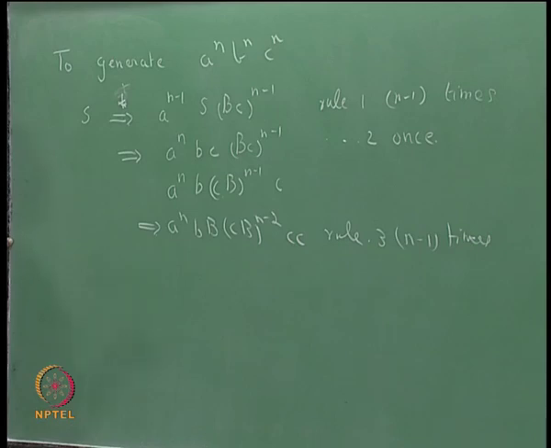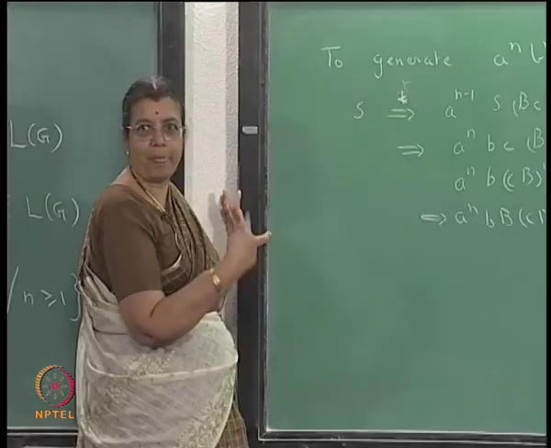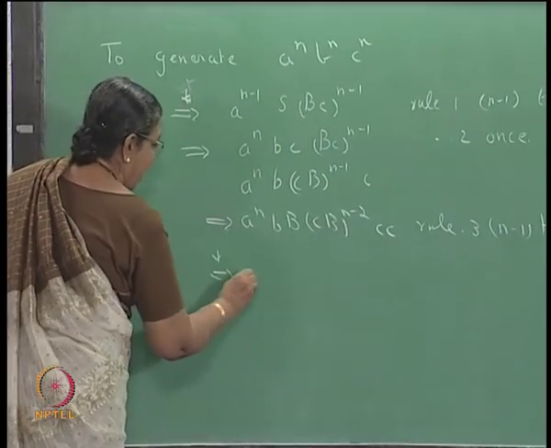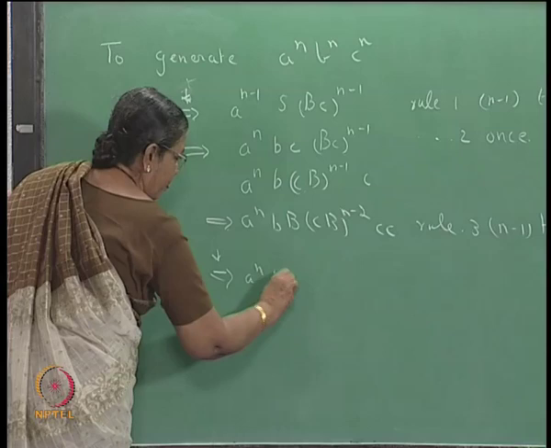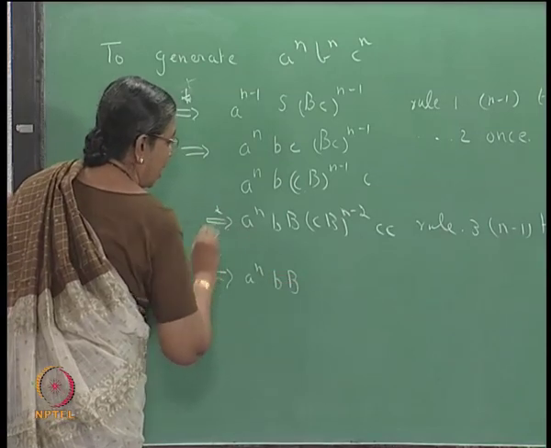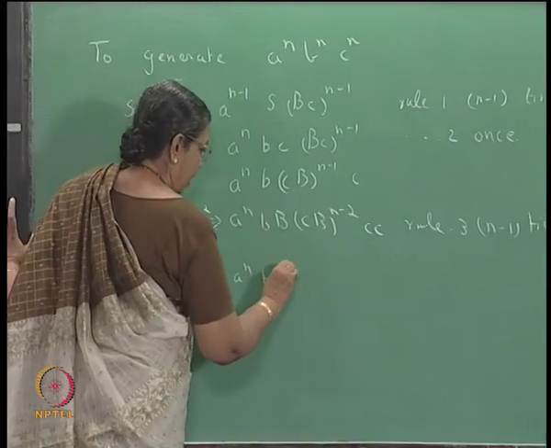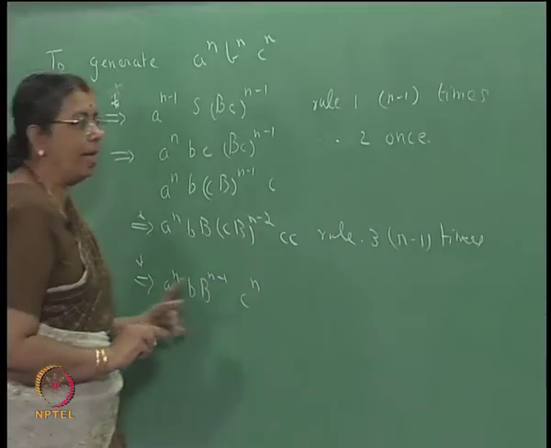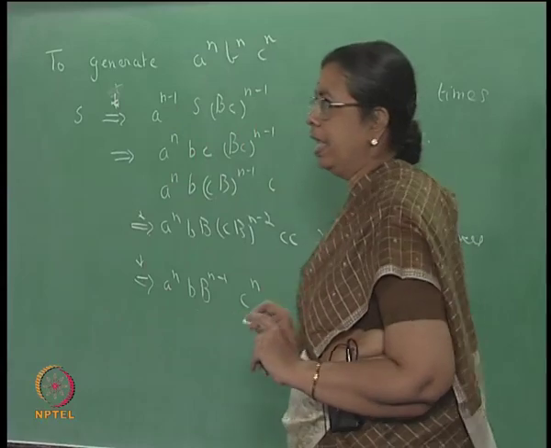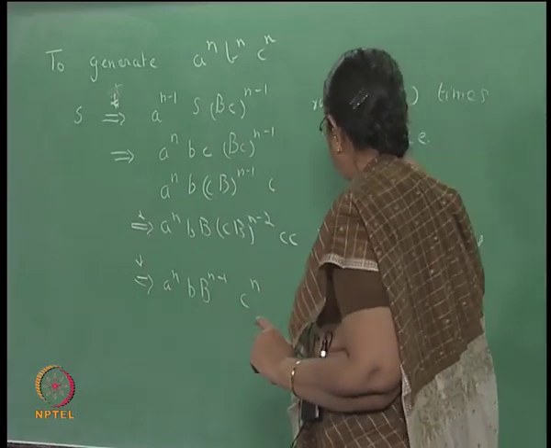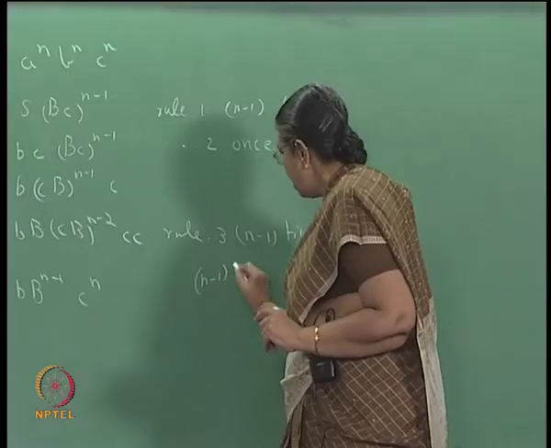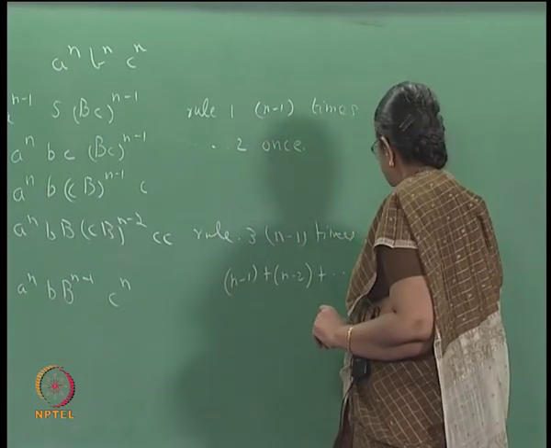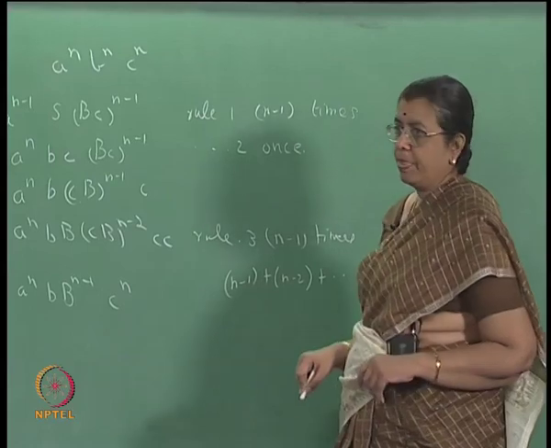That will end up with n minus 3 CB in the middle, you have to apply again and so on. So, ultimately when you get A power n B power n minus 1 C power n, how many times would you have applied rule 3? You would have applied it n minus 1 plus n minus 2 plus ... plus 1 times.